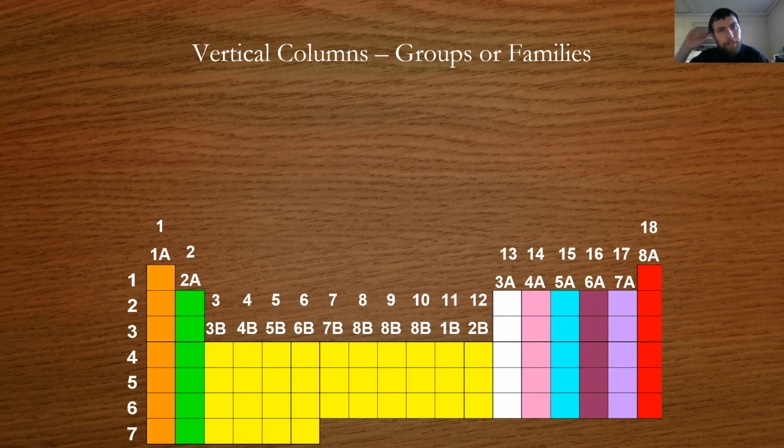All right, so if you look here, your vertical columns go all the way from 1 to 18 as you're going left to right, and your columns would be, like, the orange column, the green column, the yellow columns, the white column, the pink column, the bluish column, and then column 16, column 17, column 18, right?